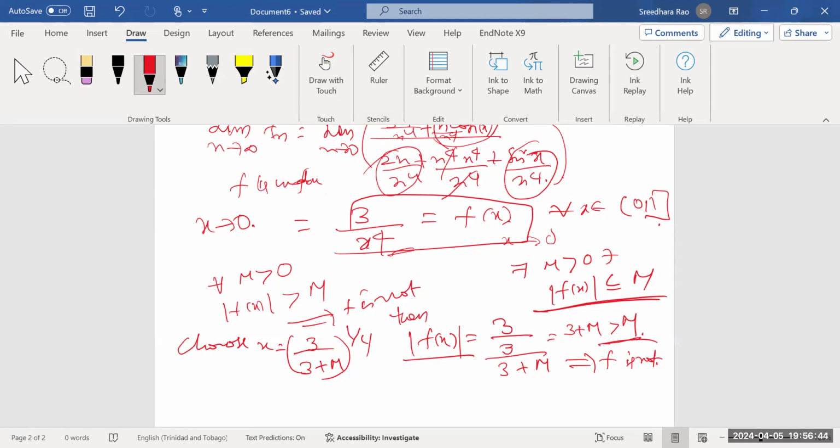Which one is appropriate? If I am asking for a particular one, you can use that one. If I am asking to determine whether it is uniformly convergent or not, the choice is up to you, right? Where you are perfect, you can do accordingly. So what about series of functions?